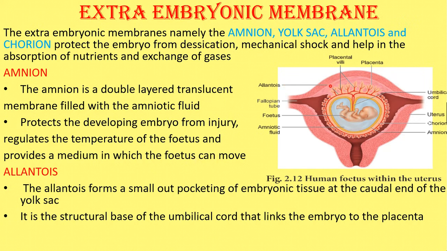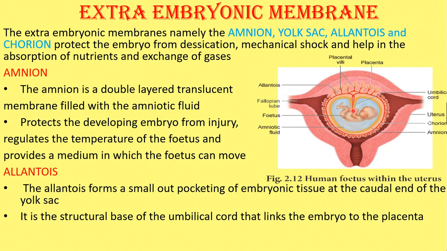You can see this region just below the uterine fundus region. Here this region is called the caudal end, and here one membrane is there, and this is called allantois. It's a small outpocketing of embryonic tissue at the caudal end of the yolk sac. Small rudimentary yolk sac, later it will disappear. At its caudal end, the tail end, the allantois membrane will form, and this is the structural base of the umbilical cord.